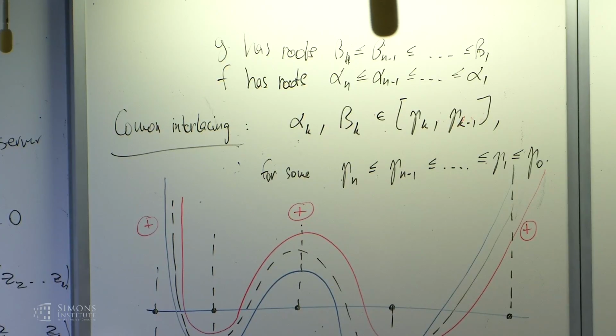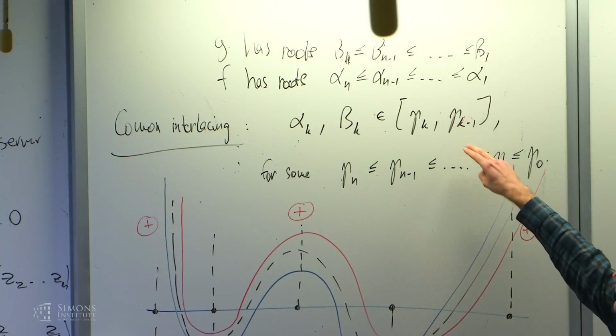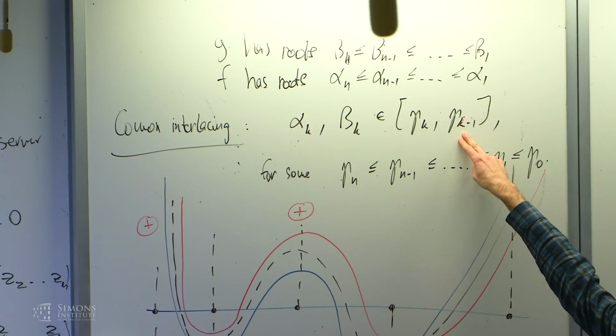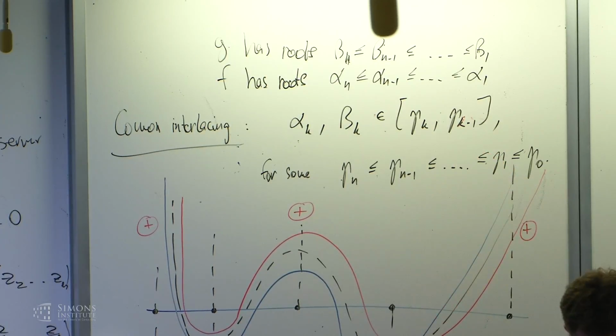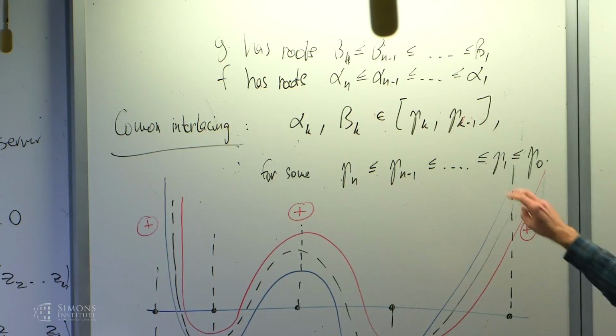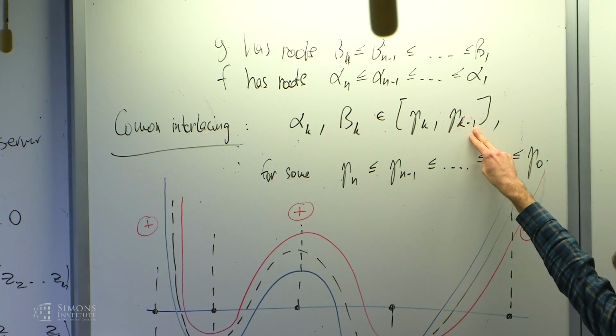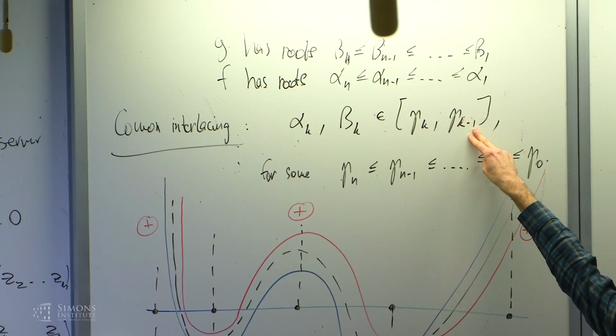Otherwise, by definition, if gamma i equals gamma i minus 1, alpha i has to be exactly equal to beta. They have to be distinct. Okay, that's true.